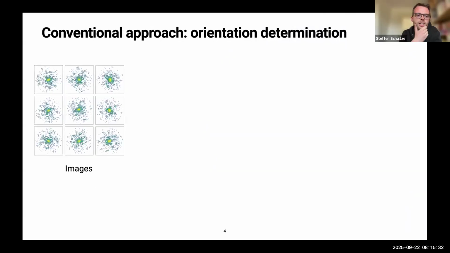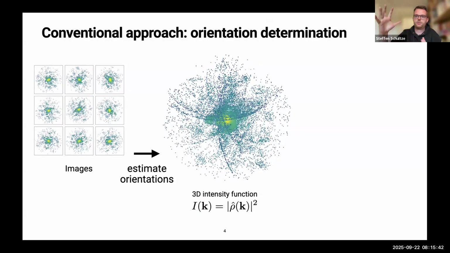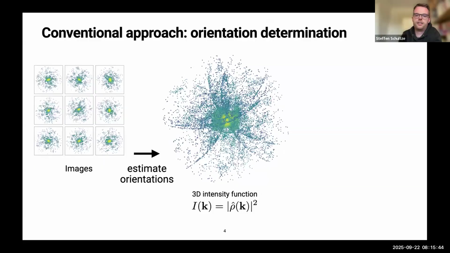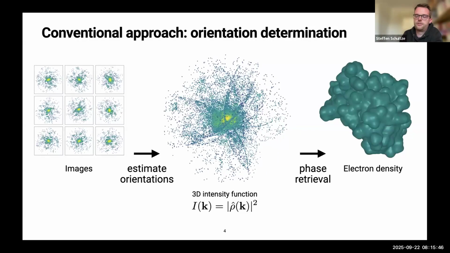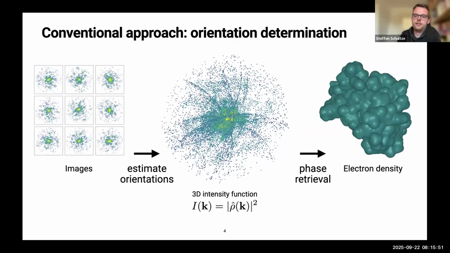This is also the idea that the conventional approaches are based on. One takes the images, somehow guesses the orientations, then puzzles this all together into a gigantic point cloud and does the phase retrieval to get the actual electron density of the molecule.